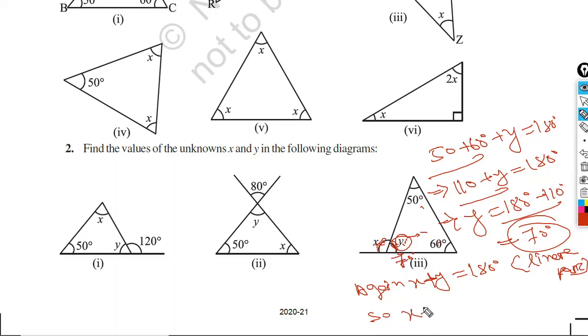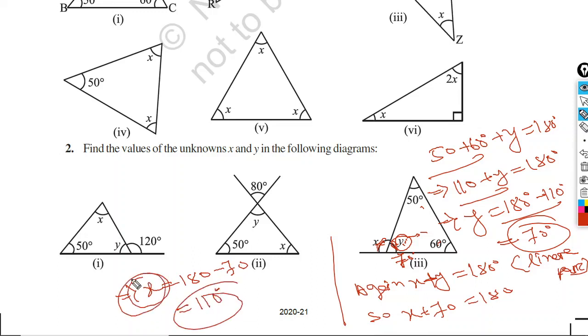So x plus 70 equals 180, implies x equals 180 minus 70, which will be equal to 110 degree. So we got the value of x, that is 110. So it is your 110 degree and y is your 70. Okay. So in this way, please try it.